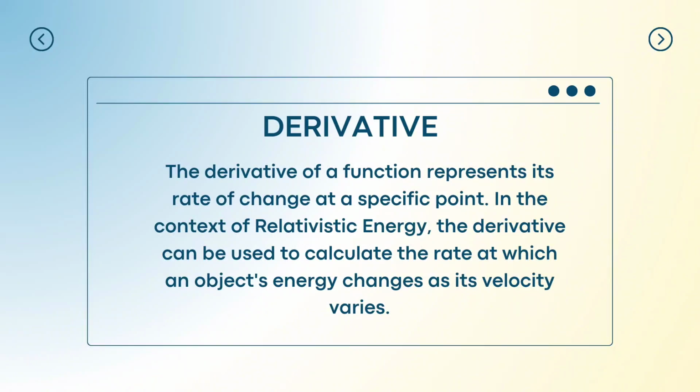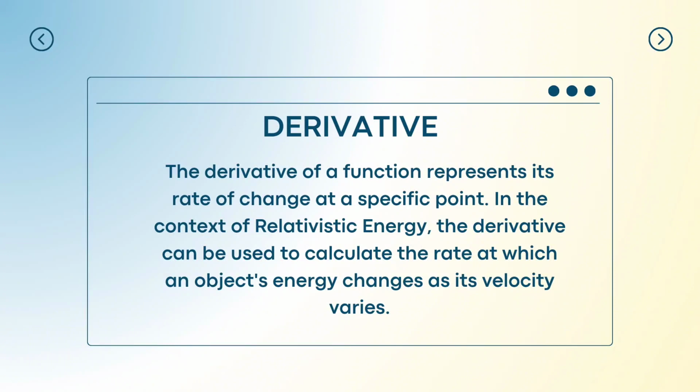By taking the derivative of this function with respect to velocity, denoted as dE over dv, we can determine how the energy changes as the velocity changes. The derivatives provide insight into the behavior of particles and their energy at different speeds.